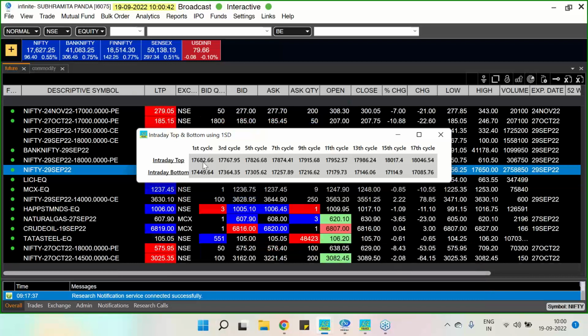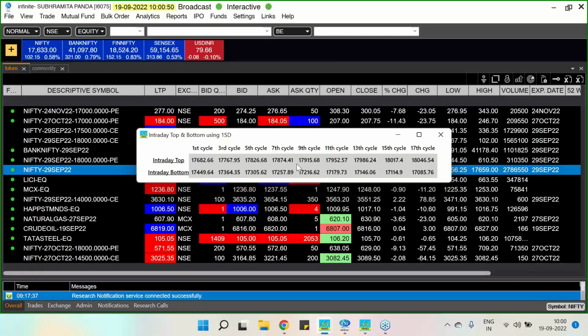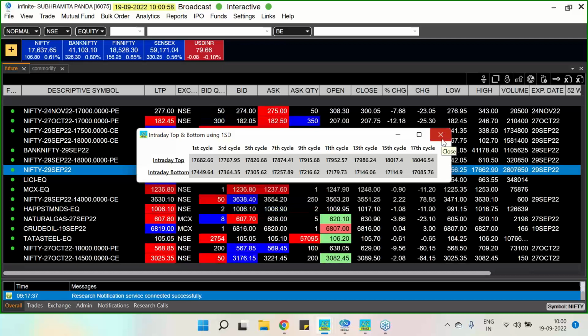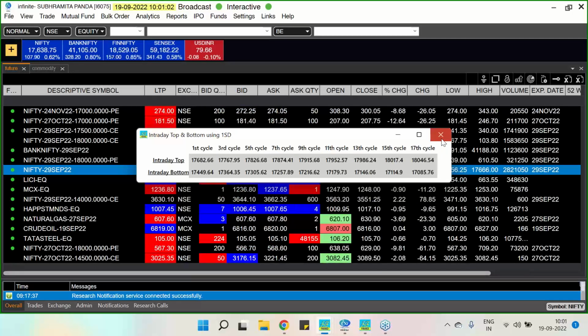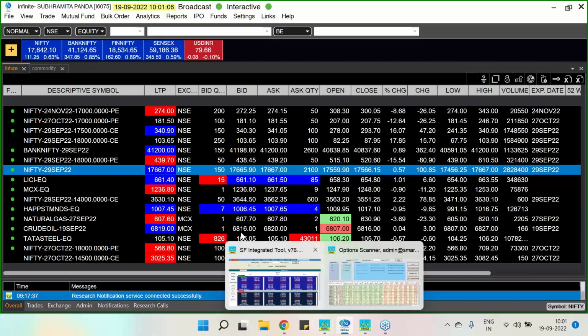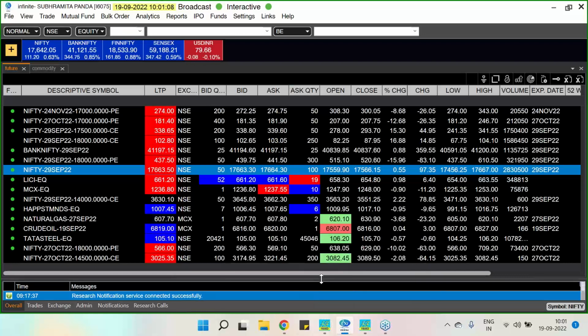So now, if it is making a top here at 682, and if it gives a crossover at 683, then a fifth to seventh cycle is also possible, and a deep bounce back is also possible for the day. That is also not ruled out. So this is also a possibility for the day.